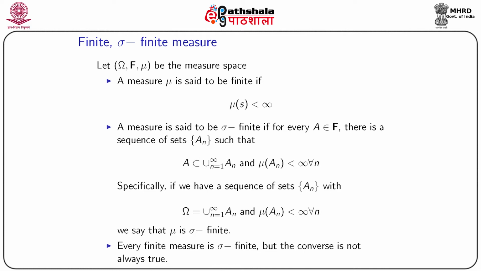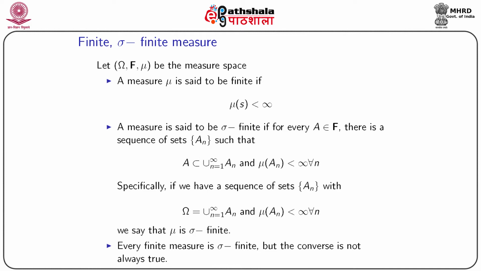So finite means μ(S) is less than infinity, and sigma finite means that we need to have μ(A_n) less than infinity and Ω equals the union over n from 1 to infinity of A_n. Now we have one very interesting result, that every finite measure is sigma finite, but the converse is not always true.